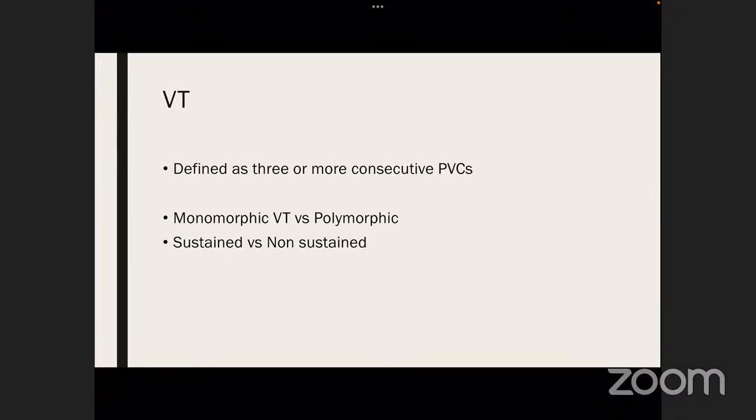Polymorphic is when the shapes differ. Sustained versus non-sustained represents the timing of the ventricular tachycardia. If it is less than 30 seconds, it is non-sustained; if it is more than 30 seconds, then it is sustained.